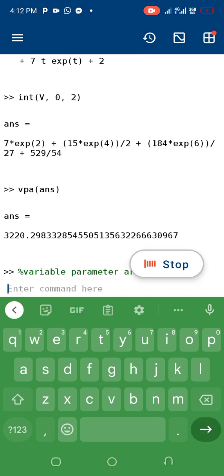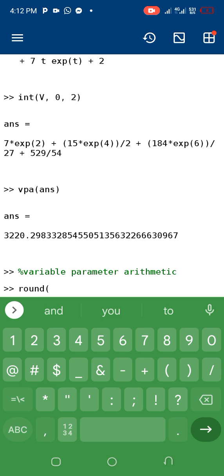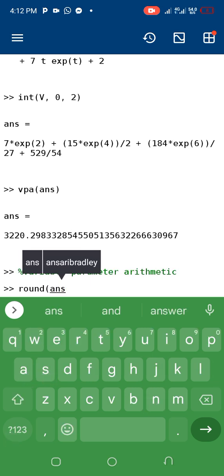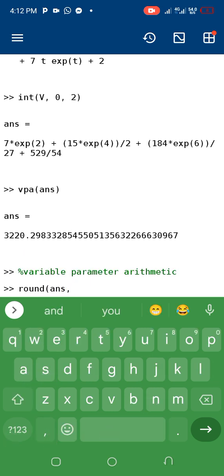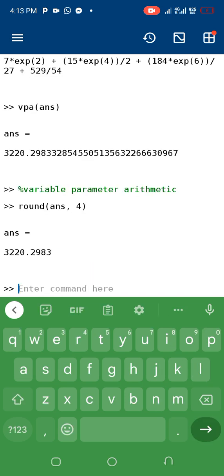So what if now I want to produce this answer to 3 or to 4 decimal places. So I will say round of answer to 4 decimal places. So my answer is 3220.2983, and that is it.